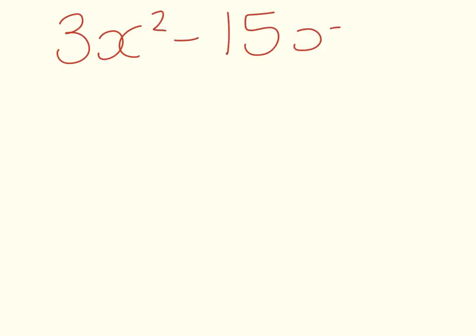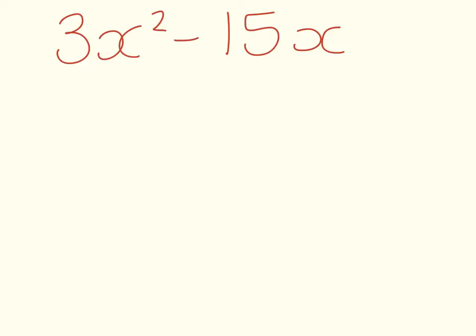Let's have a look at a harder one. 3x squared minus 15x. In this example, we have numbers and we have letters in common. So both terms have letters stuck onto them, and both of them have x's. So x is most definitely going to be a factor in this. The biggest number that 3 can be multiplied by to get 3 is 3.